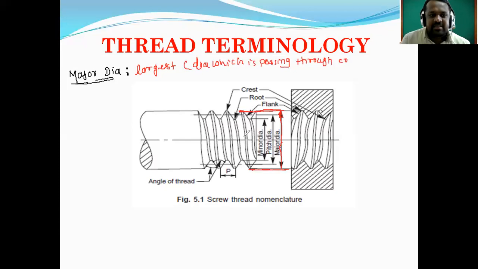That diameter is called the major diameter. Major diameter means the largest diameter, the diameter passing through the crest. So understood? See, this is the major diameter.